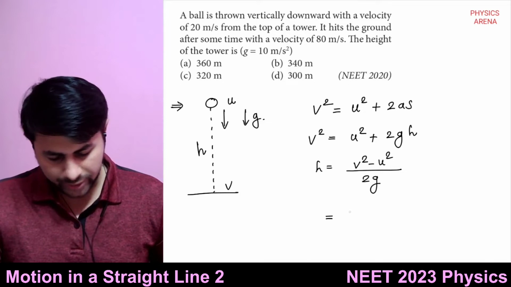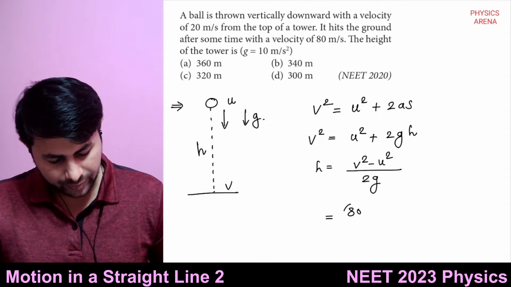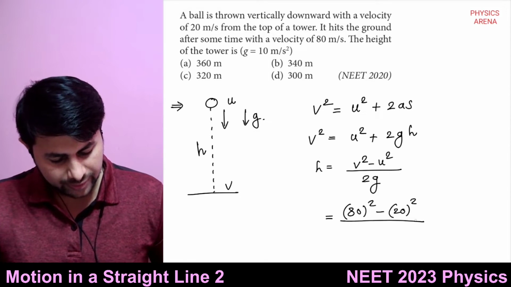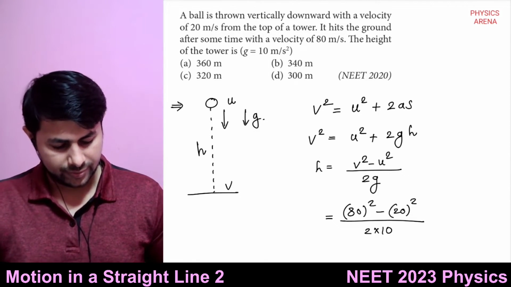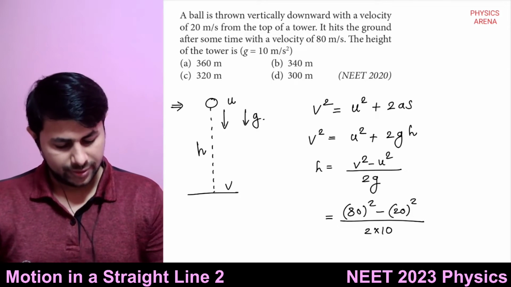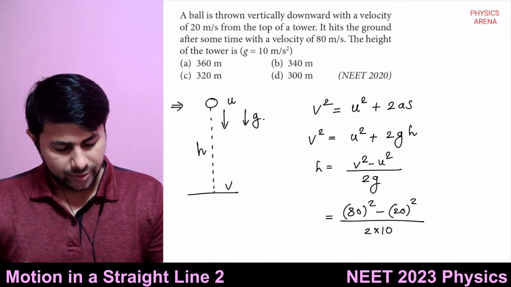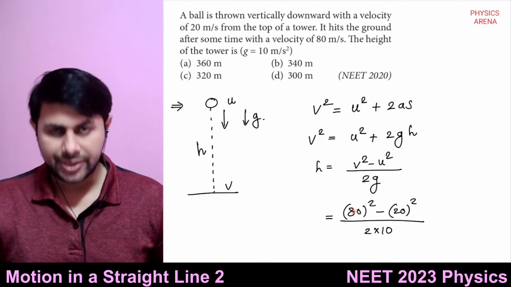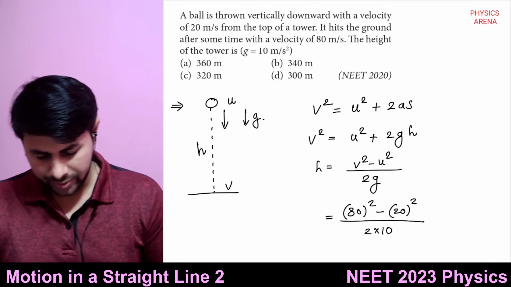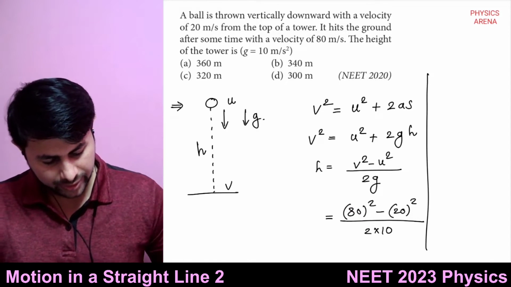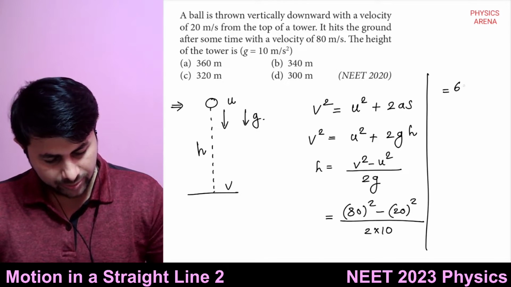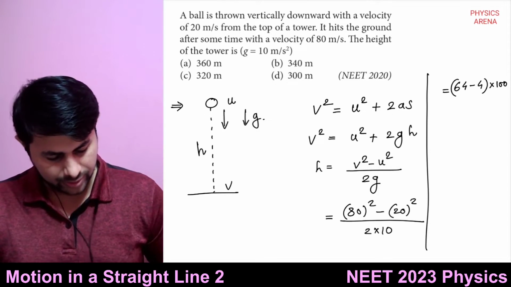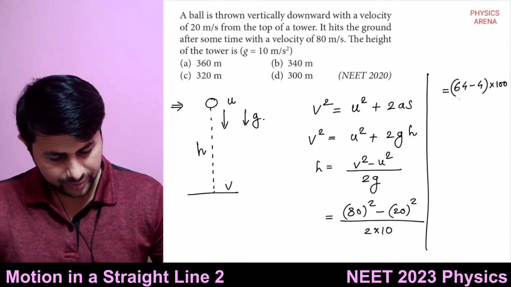So what is h? It is 80 square minus 20 square divided by 2 times 10. So tell me, what would be the answer? You can take 10 common from these two, so it will be 10 square, 100. So what are you left with? 8 square is 64 minus 2 square is 4, multiplied by 100, divided by 20 actually.